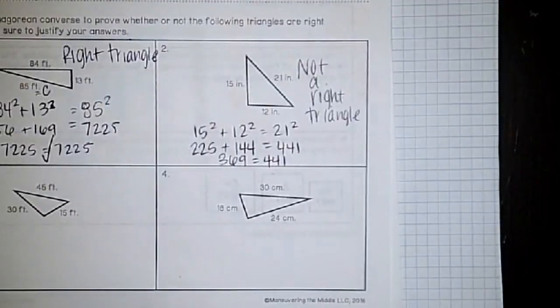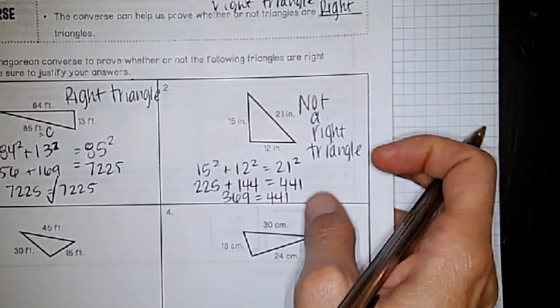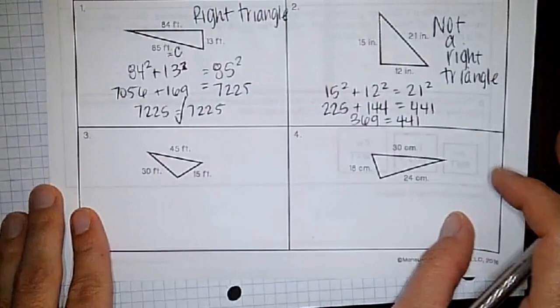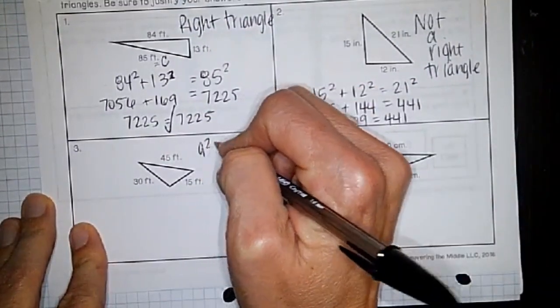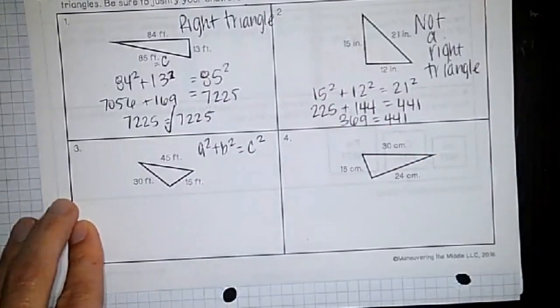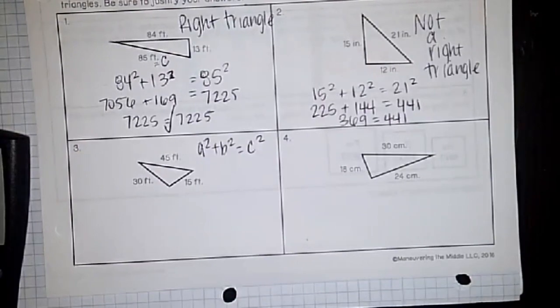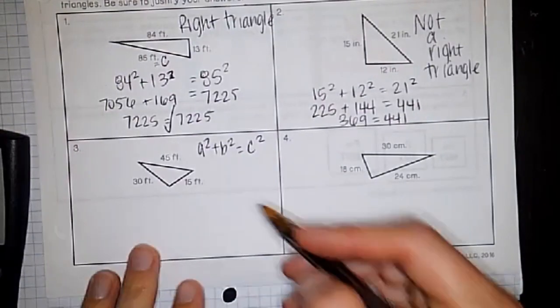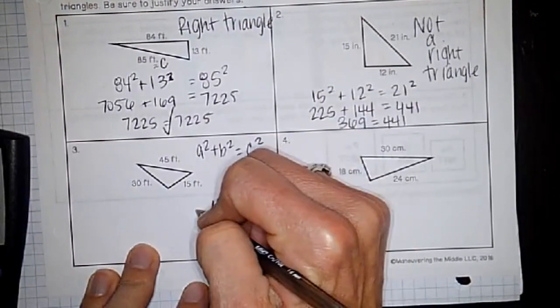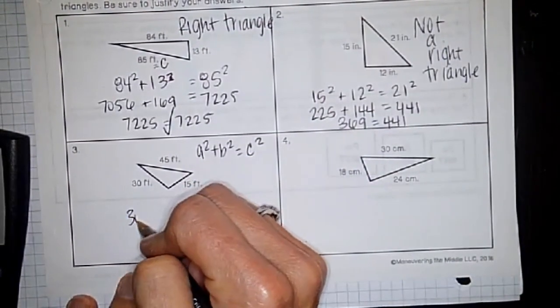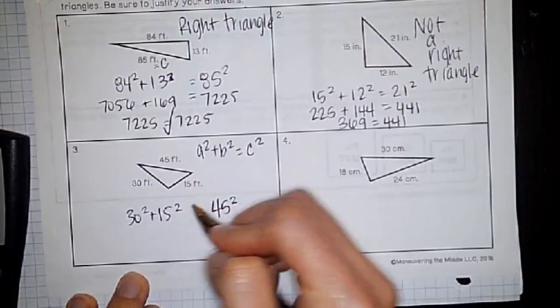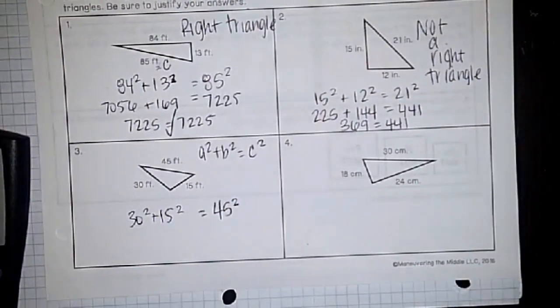So let's look at the next one. We have a squared plus b squared equals c squared. So which one's my hypotenuse? That's the one you always go to first. Which one's our hypotenuse? So we should be able to say 30 squared plus 15 squared equals 45 squared. You tell me if it's a right triangle.